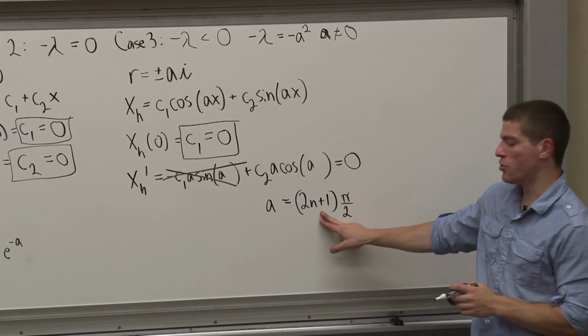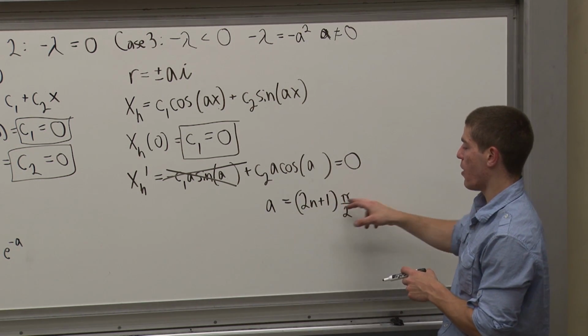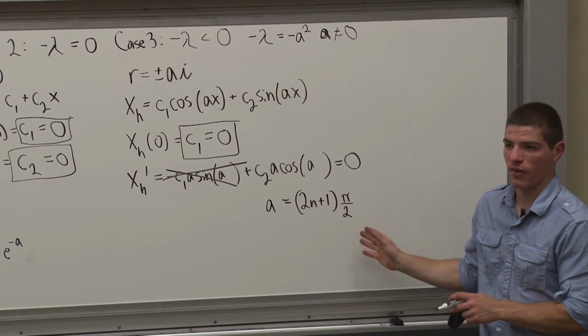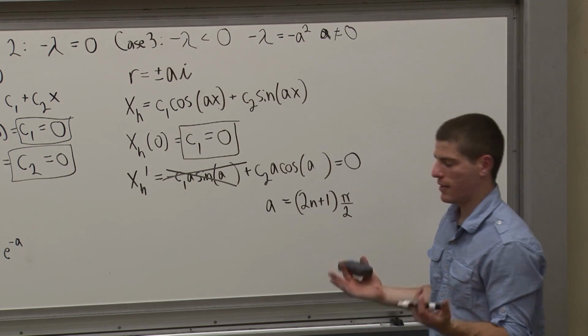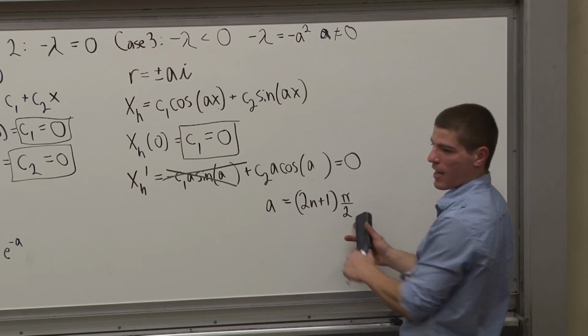Sometimes there's 2n minus 1. That works, but only if you start n from 1 instead of 0. I like starting n from 0. So we have a now. Everyone understand how I found a?